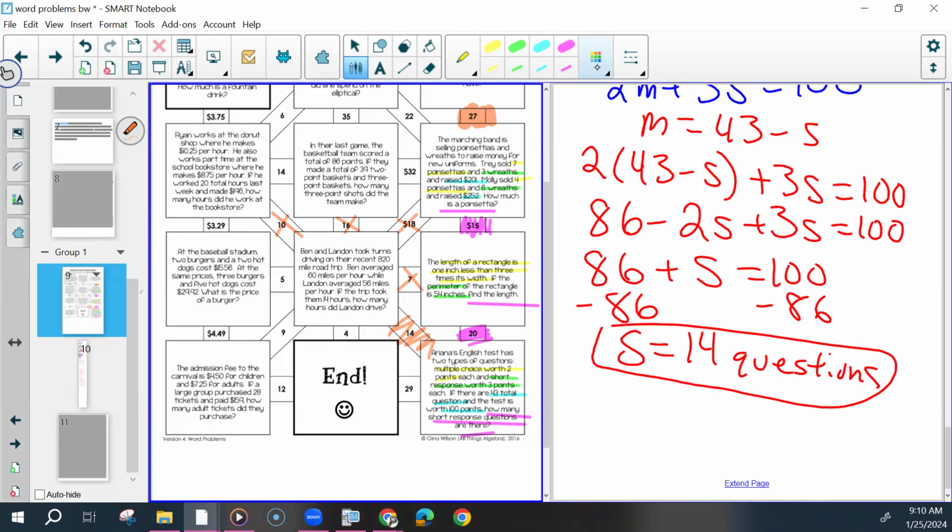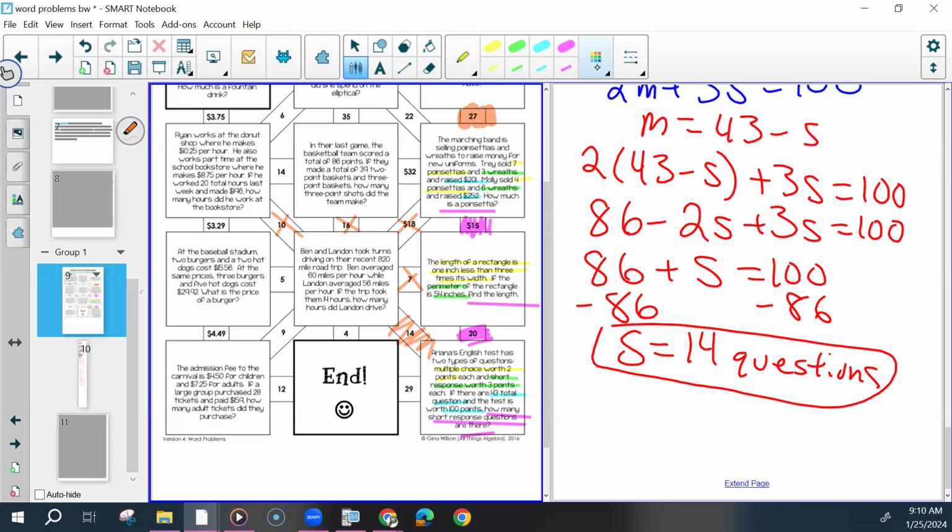So let's read this last one. Ben and Landon took turns driving on the recent 820-mile road trip. Ben averaged 60 miles per hour while Landon averaged 56 miles per hour. If the trip took them 14 hours, how many hours did Landon drive?